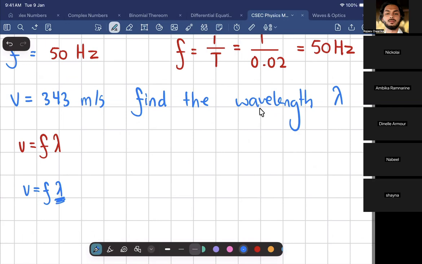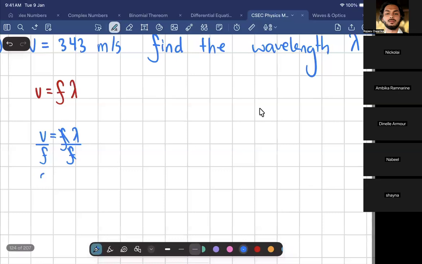The frequency. Exactly. So if it's being multiplied by frequency and I want to get rid of the frequency, what's the opposite of multiplying by frequency? Yeah, divide by f. Exactly, you would divide by f, such that it would cancel off. So the answer for wavelength is just going to be v over f.